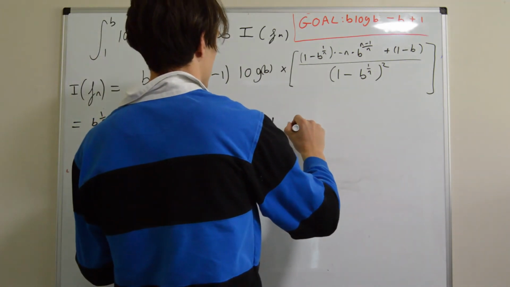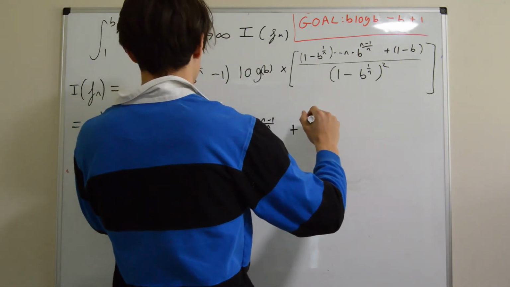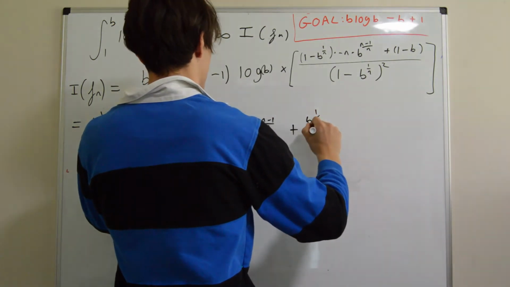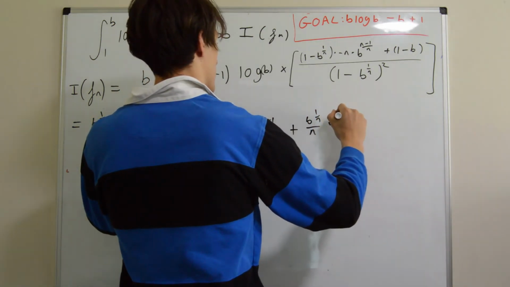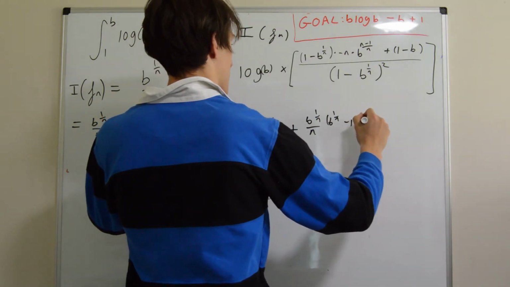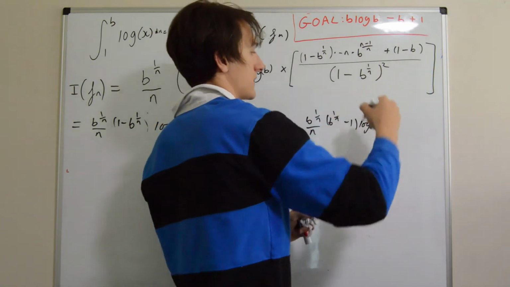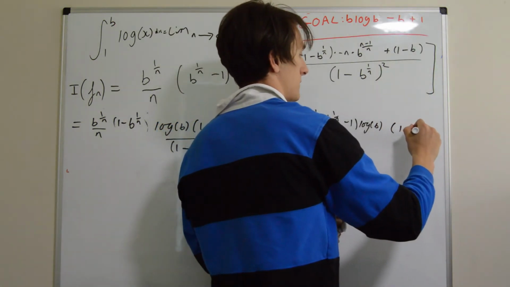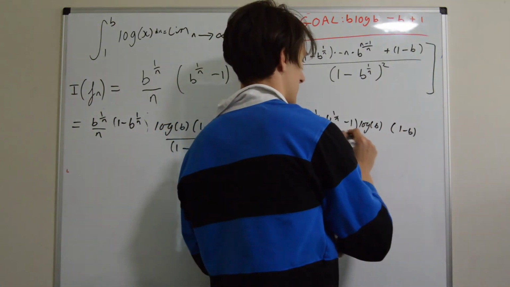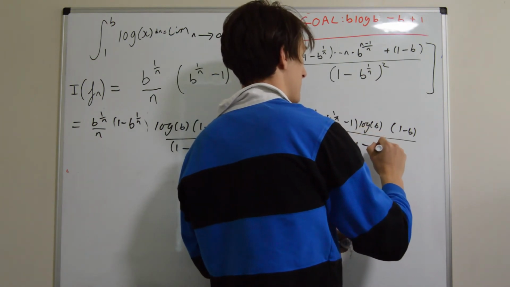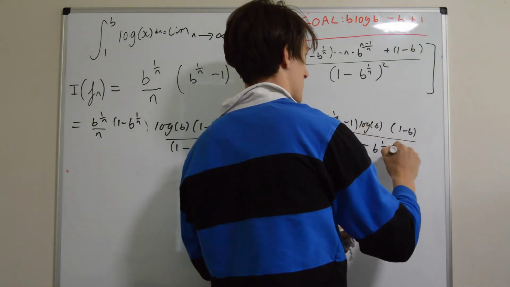So we get plus, let's do the same thing. So we get b to the 1 over n, b to the 1 over n minus 1, log b, and then times this thing. Right, times 1 minus b, and then all divided by 1 minus b to the 1 over n squared.